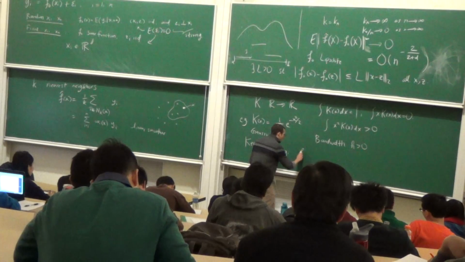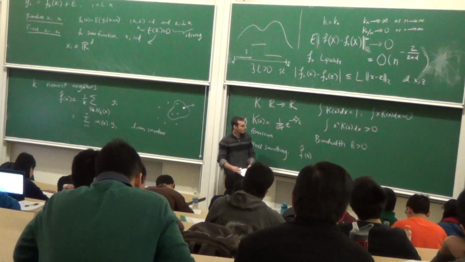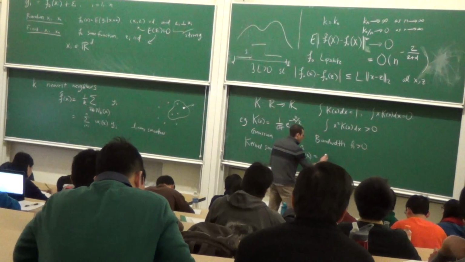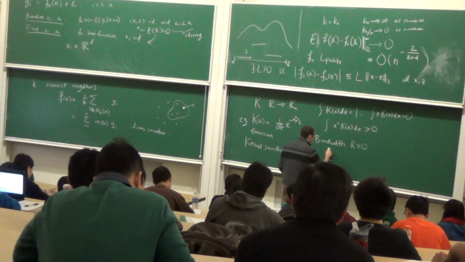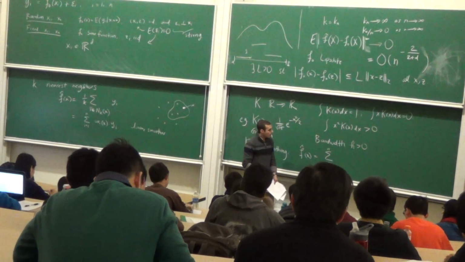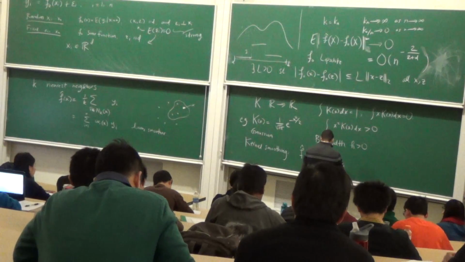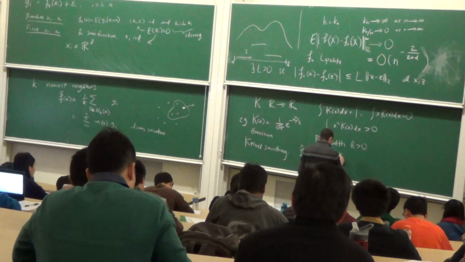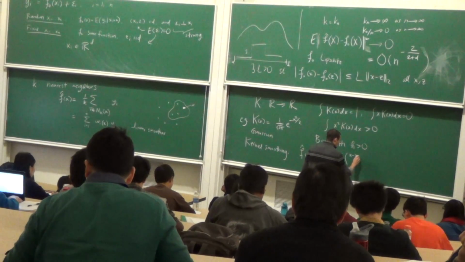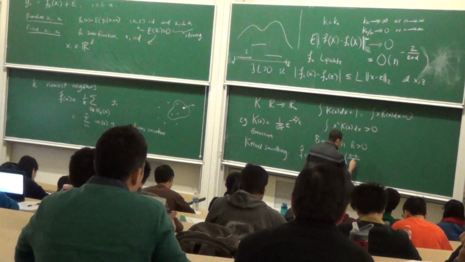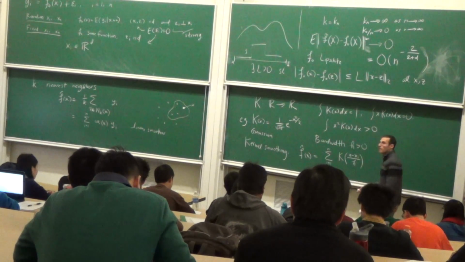You give me an input point x. I'm just going to take a sum over all input points xi that I've observed, and I'll look at the weight that my kernel assigns to point x when it's centered around xi, and I adjust for its width by this bandwidth h.